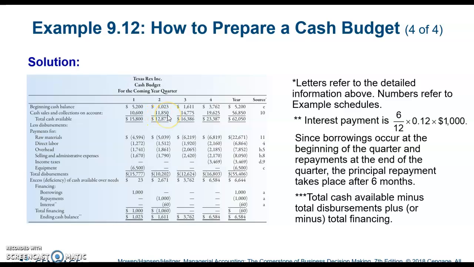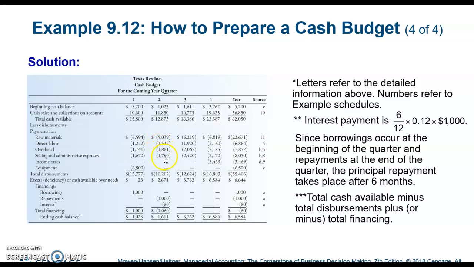The $11,850 came from our schedule of cash received that we did in a previous video, and we add those two together, so we have total cash available for the second quarter of $12,873. Our raw materials cash that we're going to need was shown in the previous slide. Our $1,512 we need for direct labor was from the direct labor budget we did previously, the overhead budget, and the selling and administrative expense budget, except we're going to take out the depreciation out of the overhead and selling and administrative expense budgets because those are not cash.